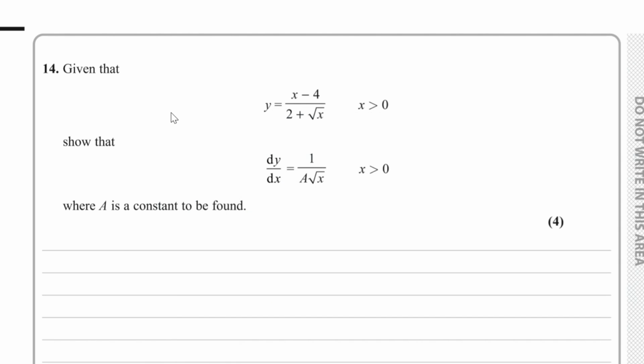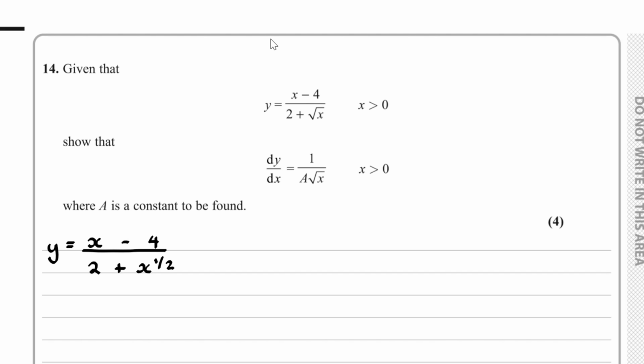So we know already y is equal to (x minus 4) over (2 plus square root x), which I'm going to write as x to the power of 1/2.